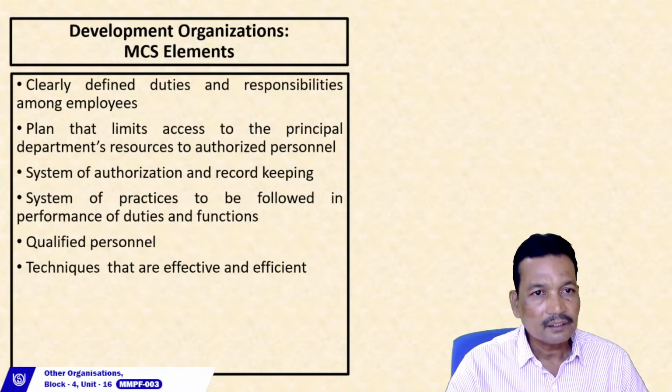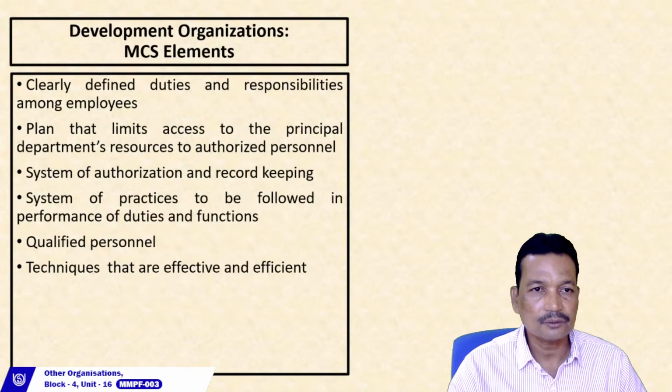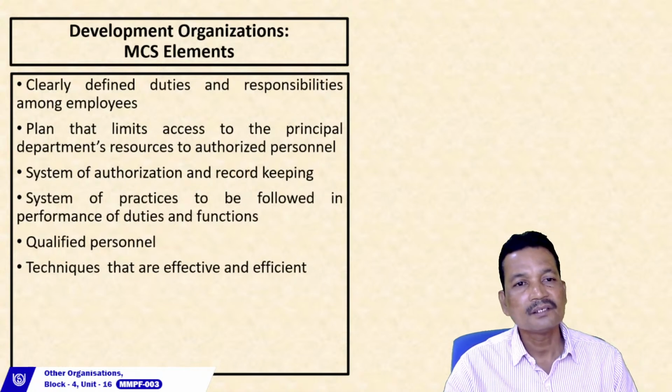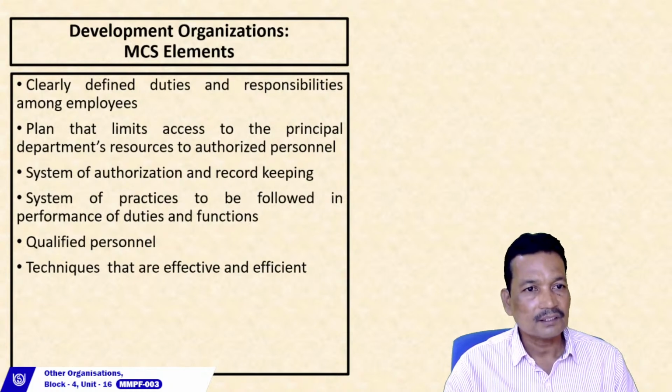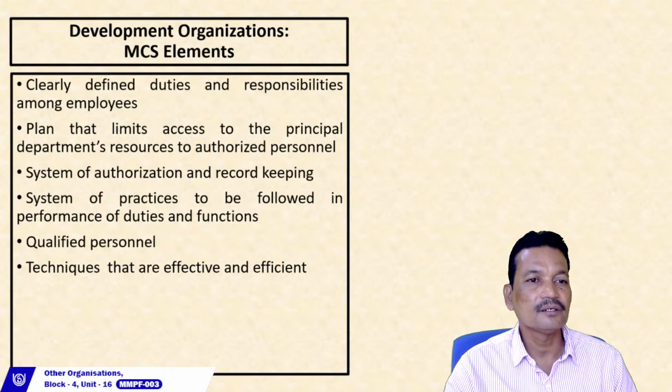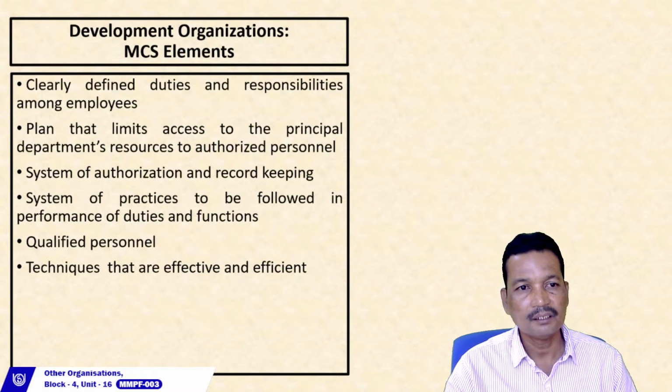Now, when you are talking of developmental organizations, what are the management control system elements that we have to keep in view? First of all, we should clearly define the duties and responsibilities among the employees of the developmental organization.